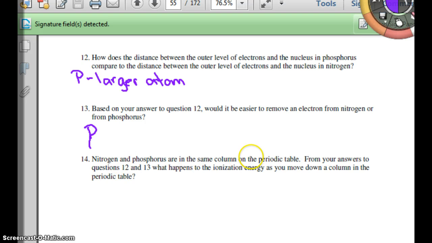Nitrogen and phosphorus are in the same column, so hopefully you've noticed that. From your answers to question 12 and 13, what happens to the ionization energy as we move down a column? So as we move down a column of the periodic table, the ionization energy decreases, because the atom size increases.